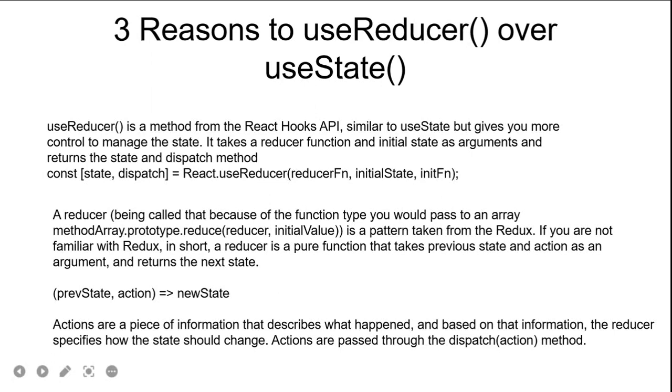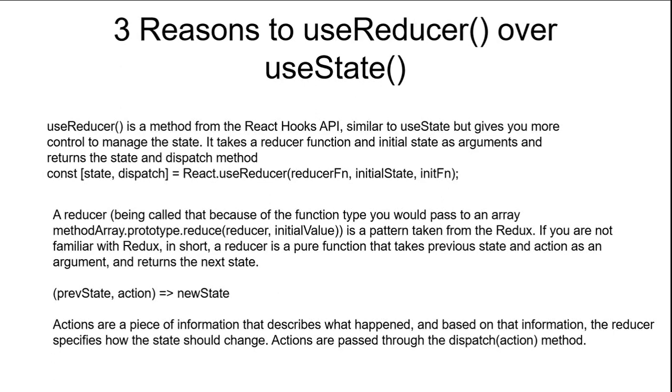A reducer is called that because of the function type you would pass to the array method reduce. If you are familiar with reduce in JavaScript, it reduces to only one single value, from left to right.